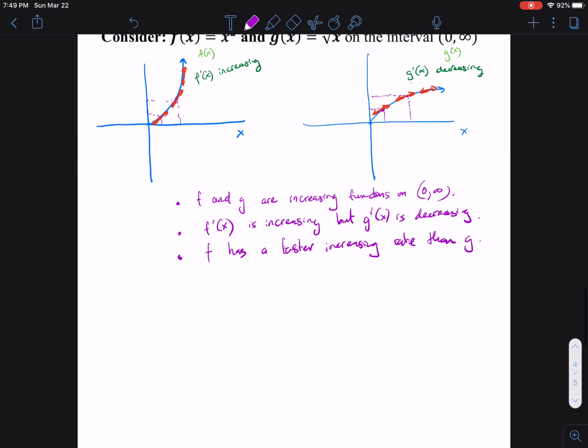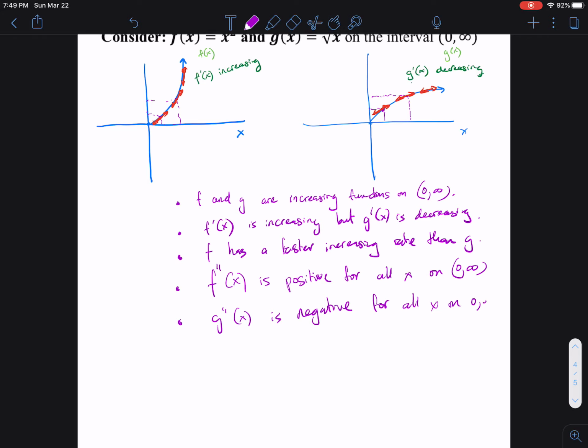So we can say that f double prime of x is positive for all x on the interval 0 to infinity. However, g double prime is a negative function. g double prime is negative for all x on 0 to infinity.